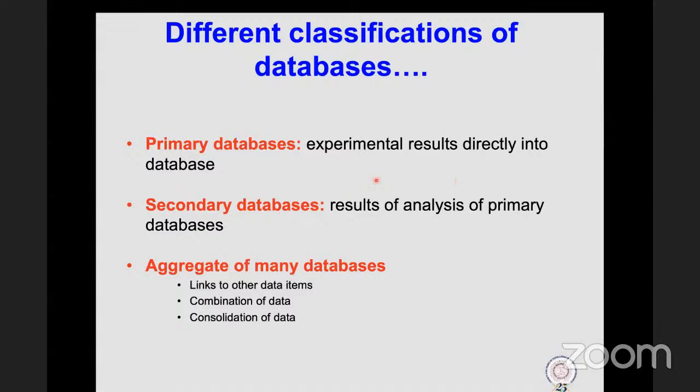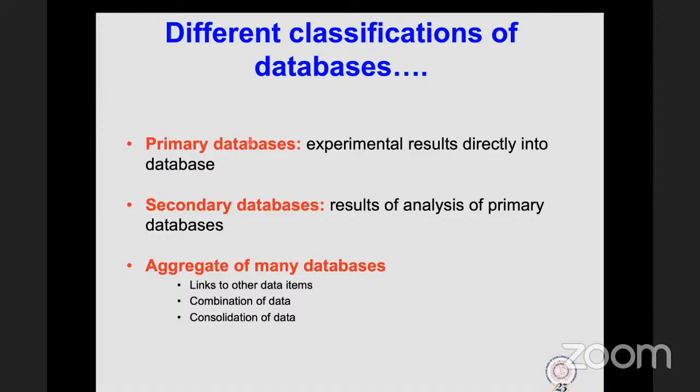Now the different classifications of data are called primary, secondary, and aggregated. Primary means I did some experiment. Let's say I sequence a new coronavirus genome and directly store that result into the database, which is called a primary database. Now my colleague queries the data, gets the sequence, and performs gene prediction, annotation, and also phylogenetic analysis.